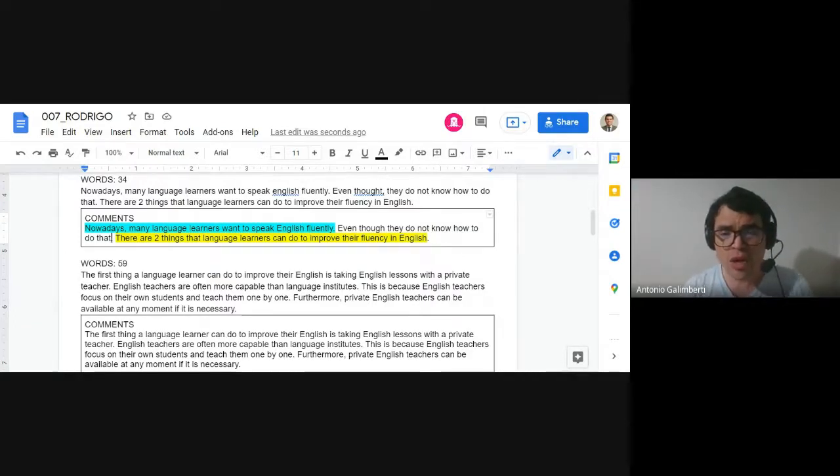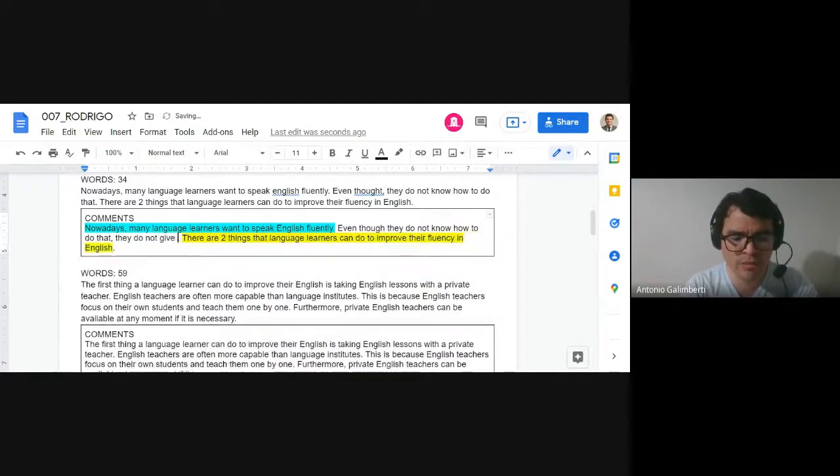Even though they don't know how to do that, they do not give up so that they can reach their goals, for example, professional and academic goals.